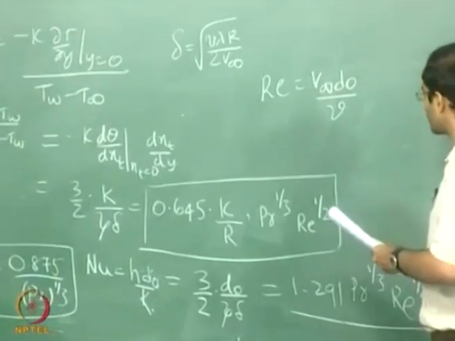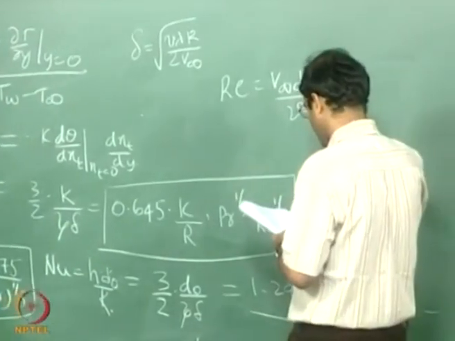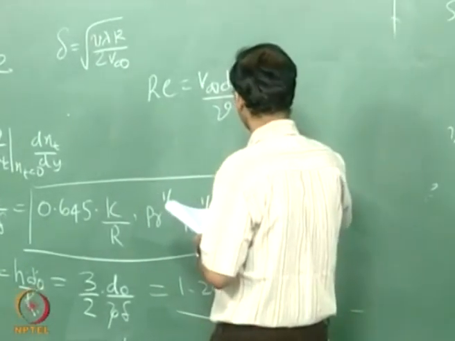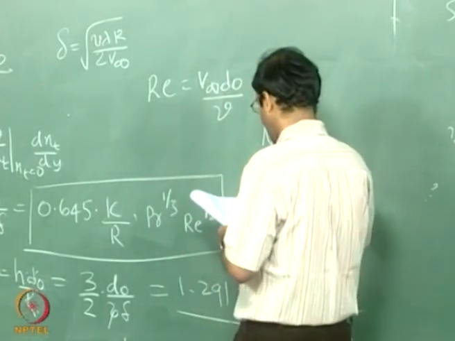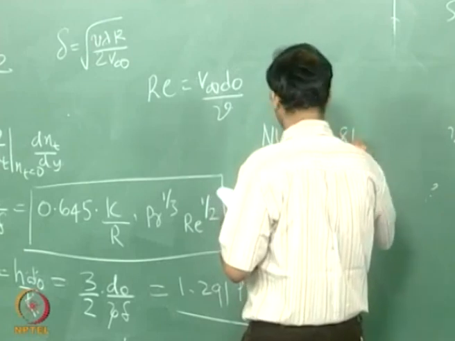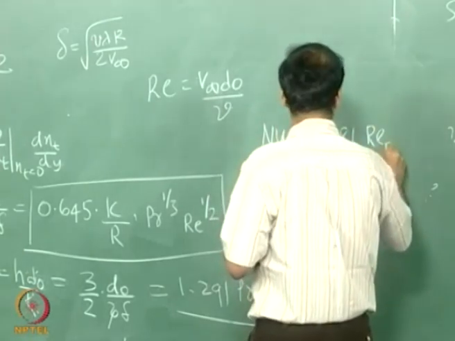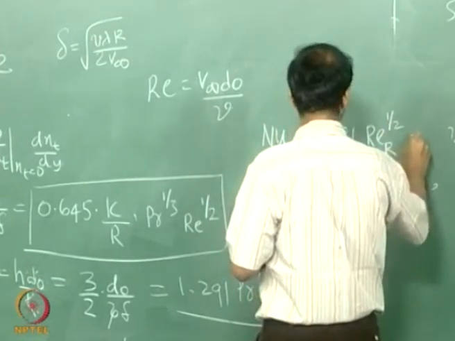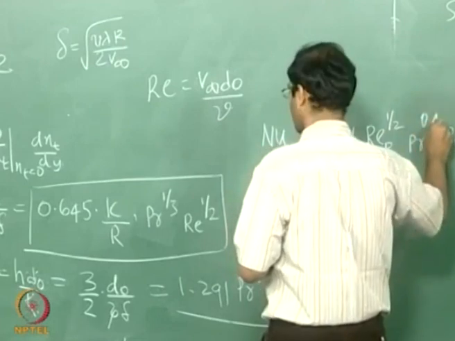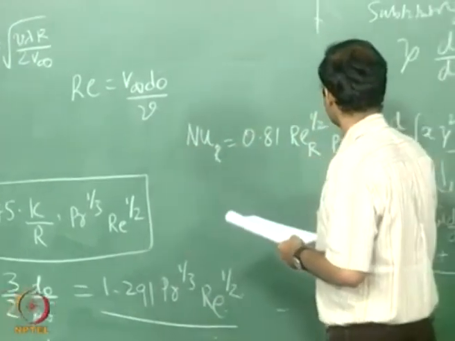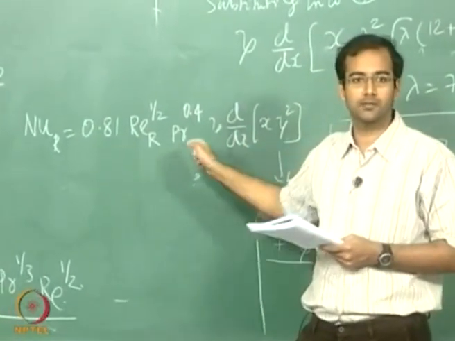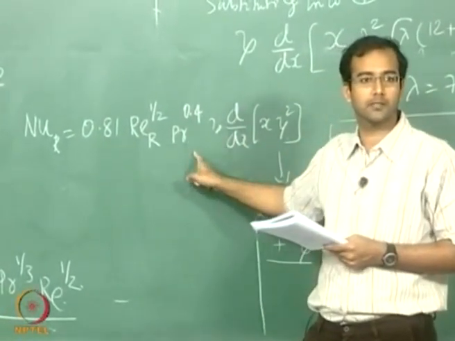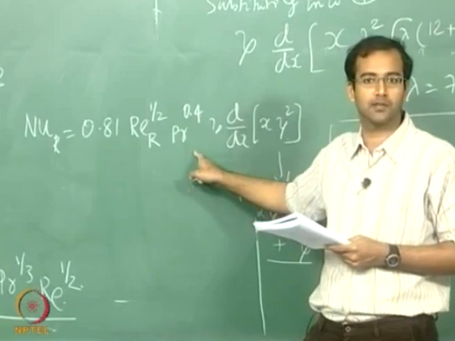For the similarity solution, you derived the expression for Nusselt number in terms of the radius. If you remember, that was Nu_r equal to 0.81 times Re based on the radius, Pr to the power 0.4. Please go back and recollect, from the Falkner-Skan solution we have determined the expression from the similarity solution for the cylinder case.